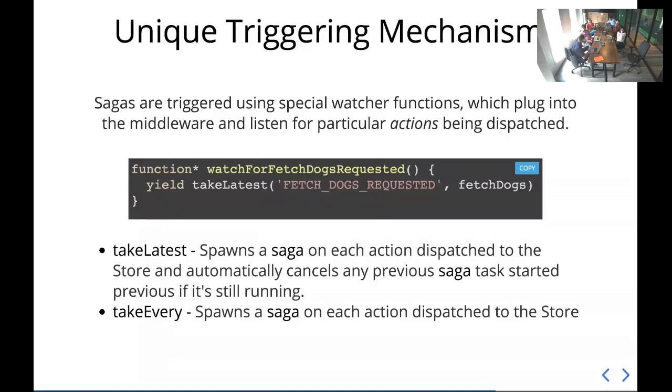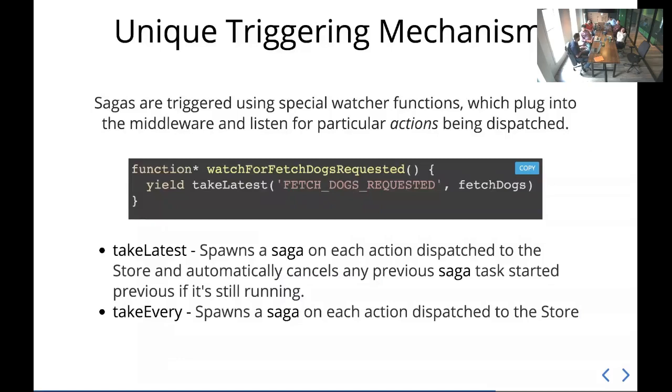I'll connect all of this within our example app. The big takeaway here is that there needs to be a trigger to initiate the Saga. And then once the Saga starts, it's managed based on which of the functions you use to trigger it. takeLatest, for example, means that if you press the button 3 or 4 times, only the last press will register, and all previous Saga spawns will get canceled.